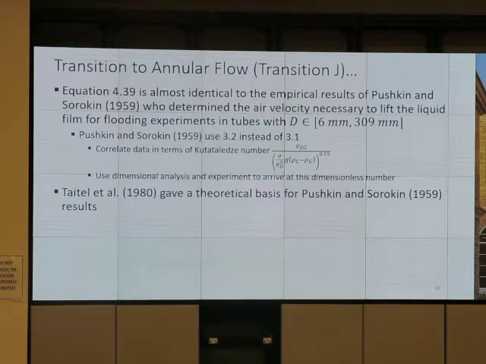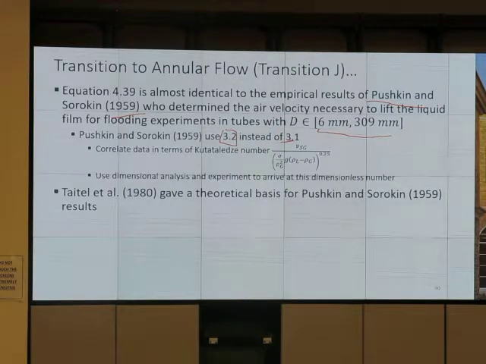That equation is almost identical to the result from Pushkin and Sorokin. They determined the air velocity necessary to lift the liquid film for a flooding experiment, tube 6 to 309 millimeter. Instead of 3.1, they use 3.2.